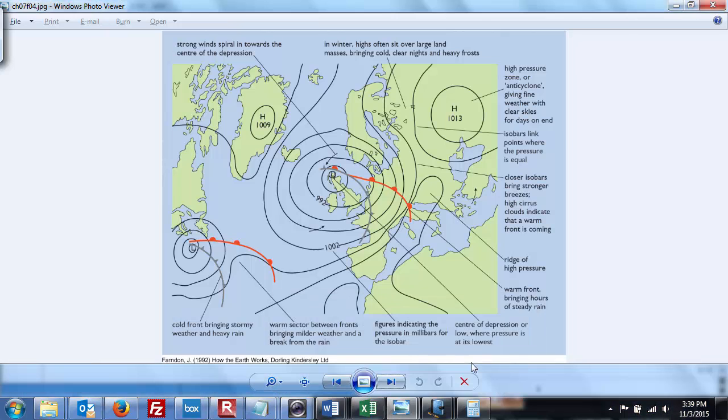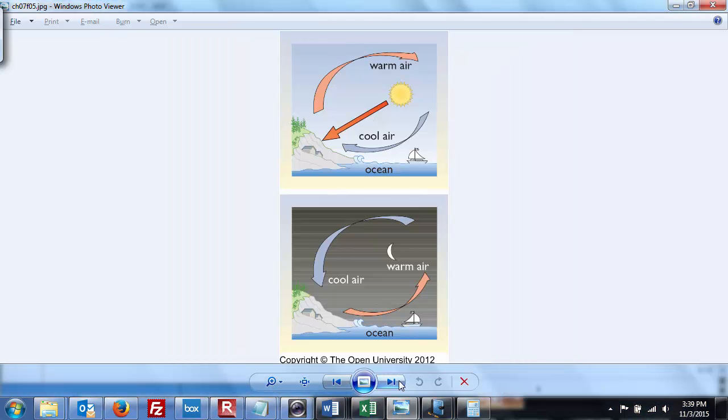All right. Now, so that's kind of global patterns. These are more local patterns that you're likely to see near a body of water. For example, as the sun comes in, this is during the day, obviously, when the sun is shining, the surface of the land can heat up very quickly.